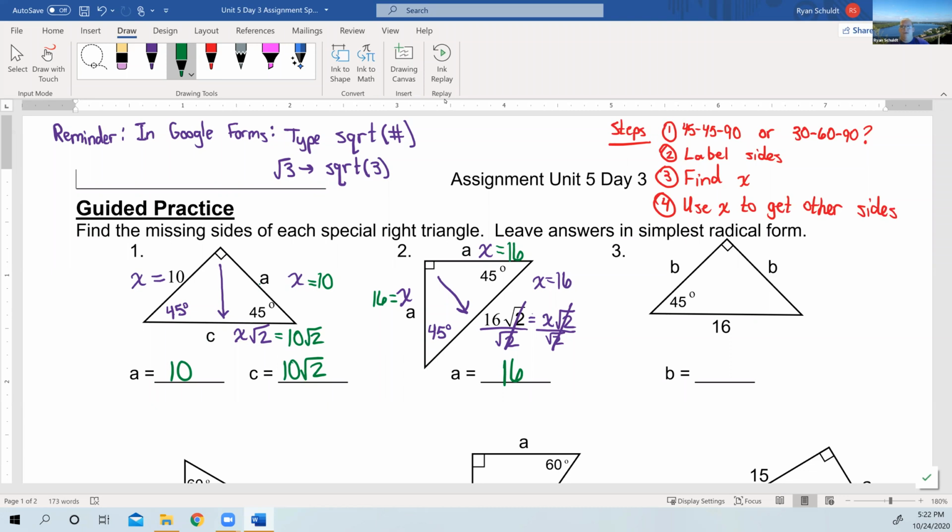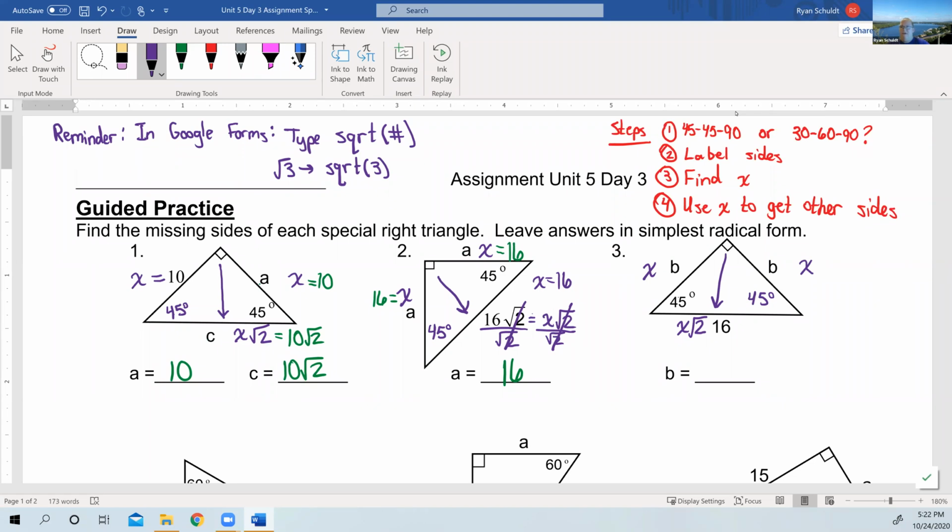Number 3. What kind of triangle is it? 45, 45, 90. So now we label our sides. This side across from here will be x square roots of 2. X and x.